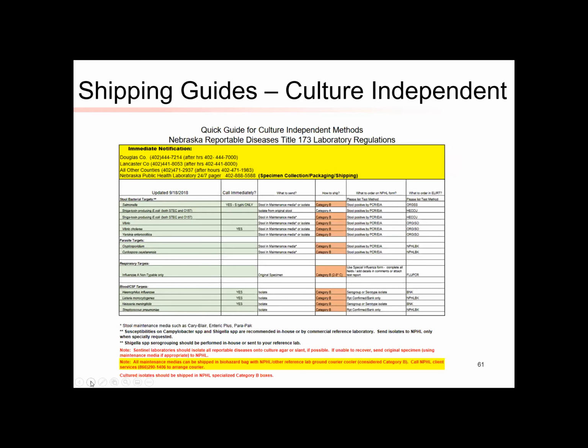The culture independent shipping guide is for laboratories that bring on BioFire or some of the other multi-platform equipment.